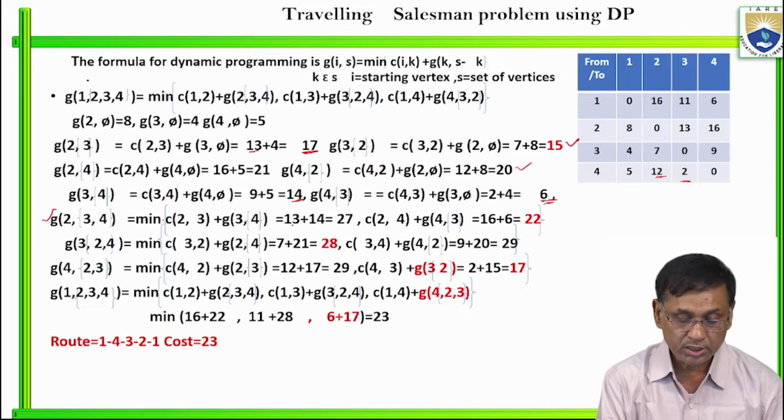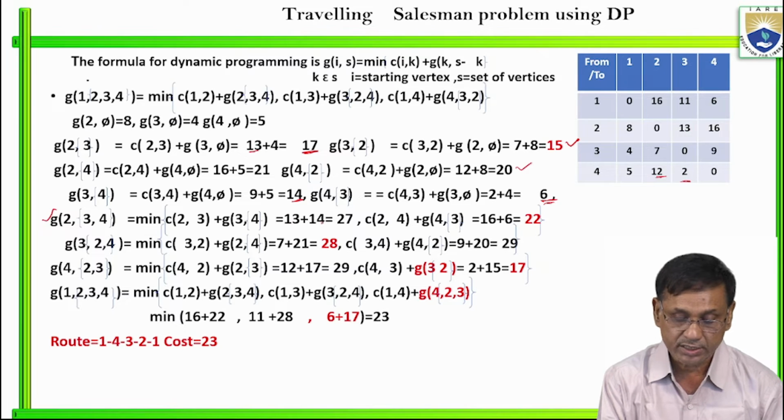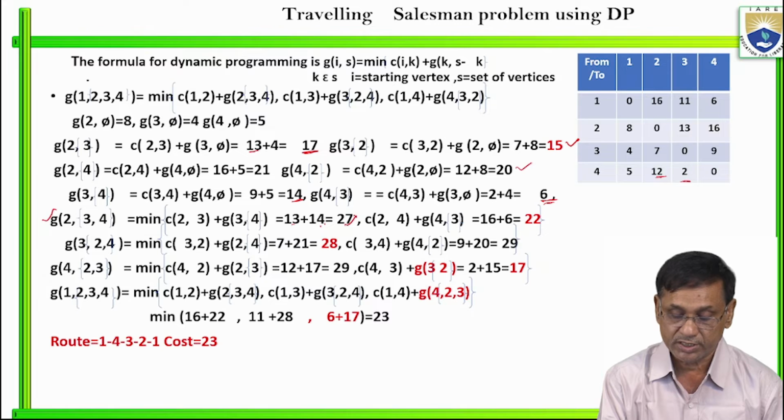That is C of 2 to 3, 2 to 3 is 13, 13 plus this G of 3 comma {4} we have already calculated, that is 14. So 13 plus 14 is 27.